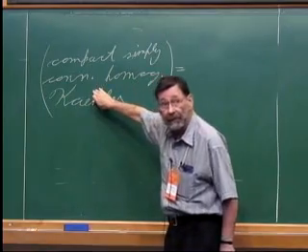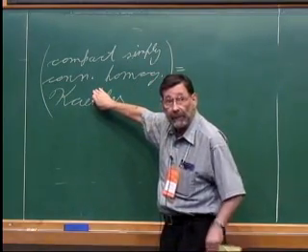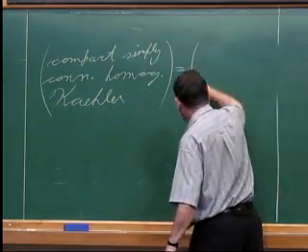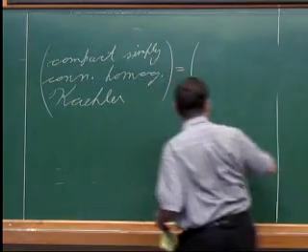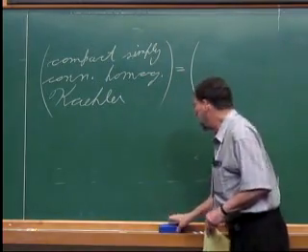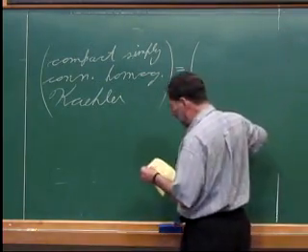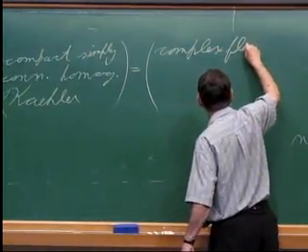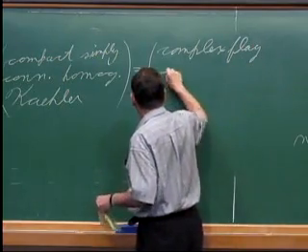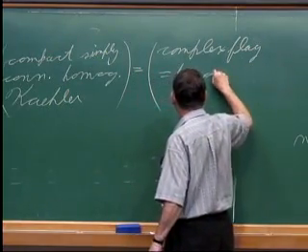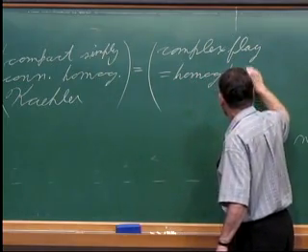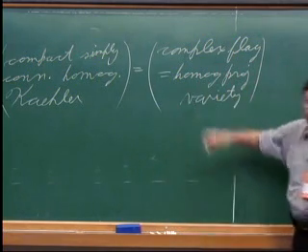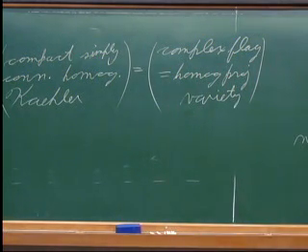And this is the viewpoint from the compact group, the group of Riemannian isometries, or if you prefer, Kähler isometries. From the complex viewpoint, this way you see the metric, and this way you see the complex structure, the so-called complex flag manifold. That's the same as a homogeneous projective variety. So from this viewpoint, you see the complex structure.